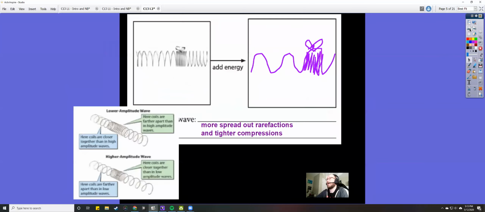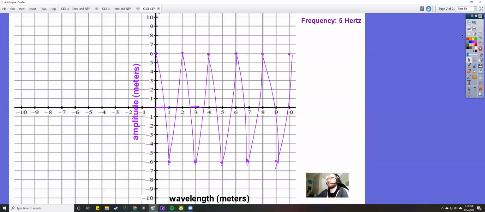Let's go back to our diagram. We have our transverse wave here, we have a whole bunch of them. If you measure wavelength from crest to crest, go ahead and pause this video and see if you can determine the wavelength of this particular transverse wave.